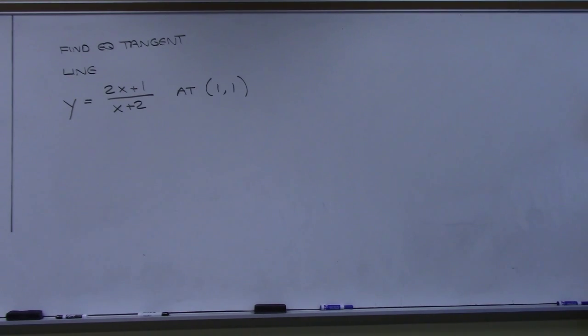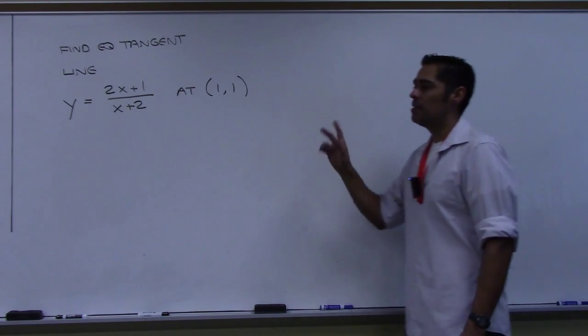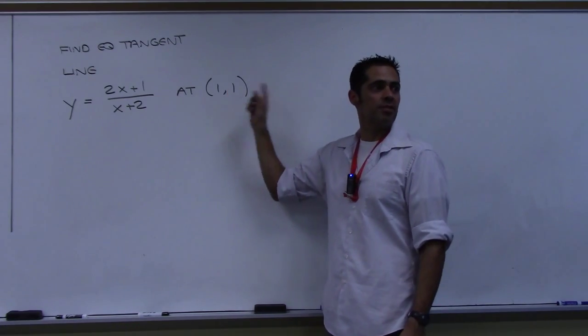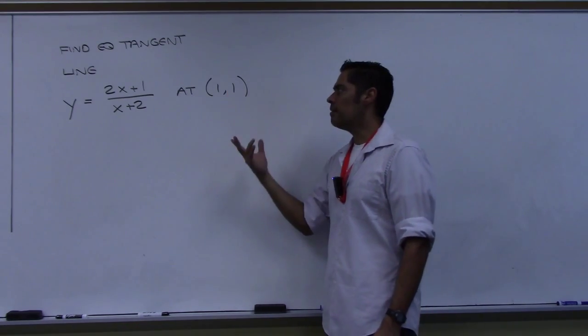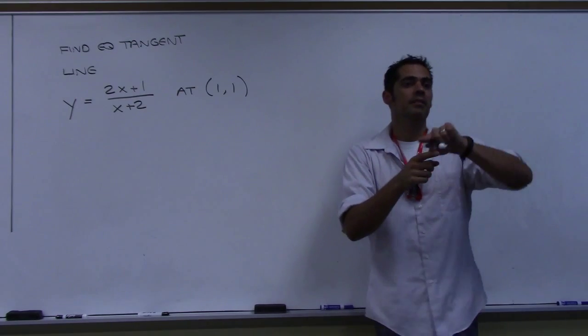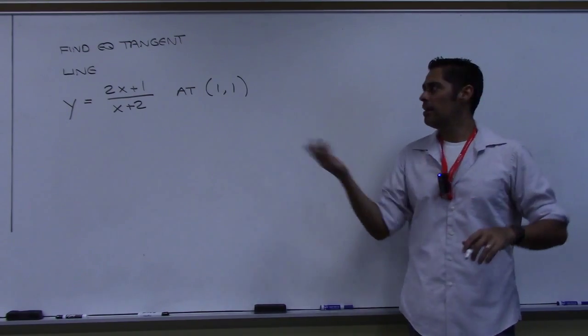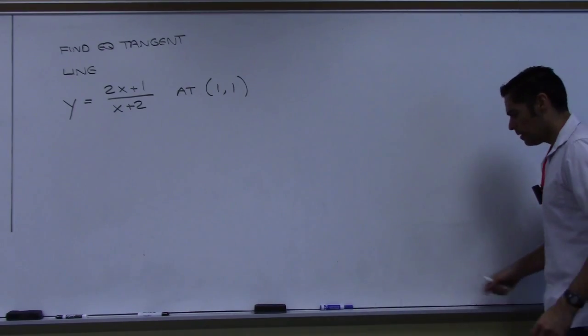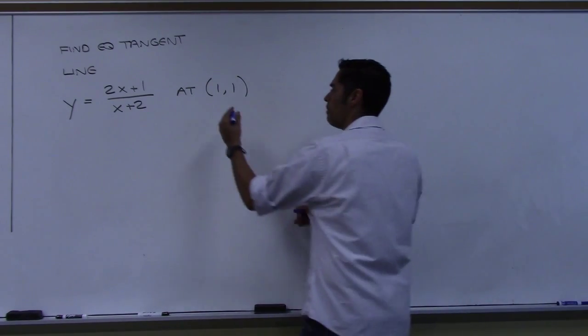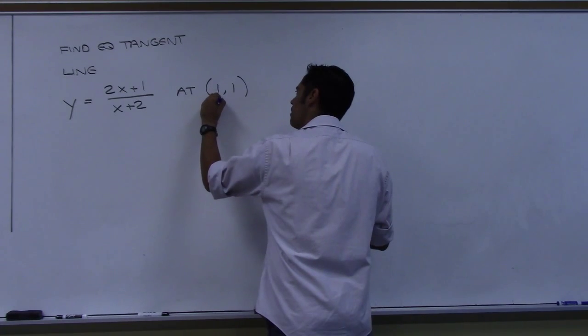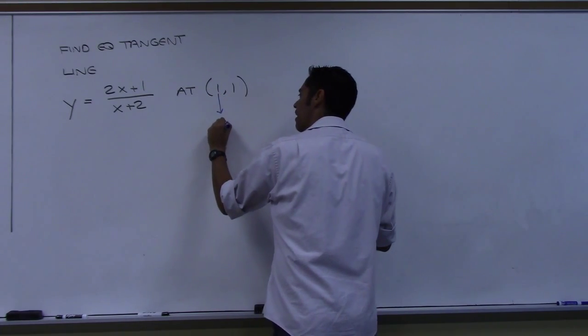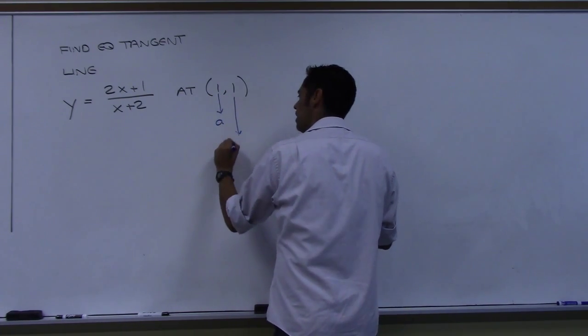So one thing I'll point out is that this is a little bit different than the last one, because in the last one I said at x equals 2, right? And then we actually had to find f of 2 to figure out the y value. Here I actually give them both to you, don't I? If the problem is presented in this way, this x value is your a, and this 1 is f of a.